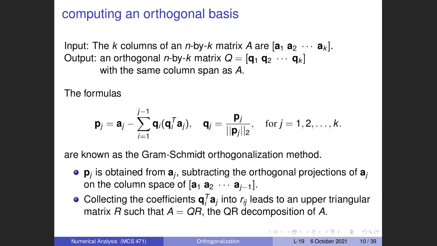And here this slide summarizes the Gram-Schmidt orthogonalization method, where the formulas are actually fairly straightforward. So you see, it's a column-oriented algorithm. So the main loop here runs over the columns of A.